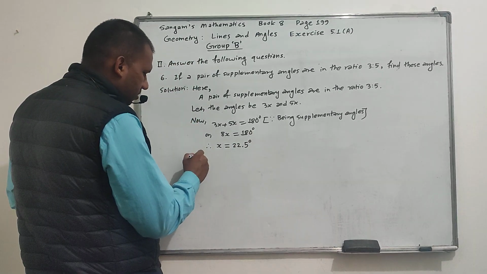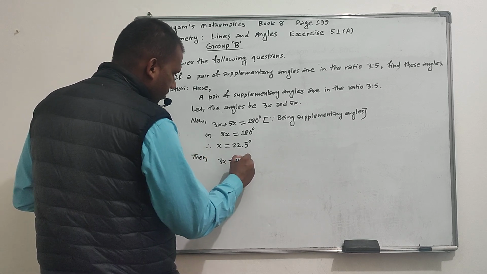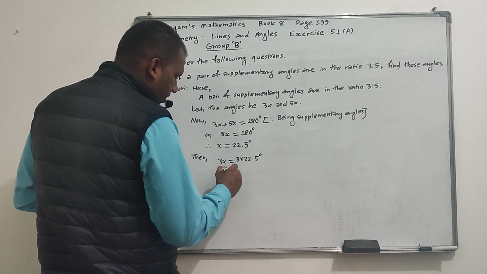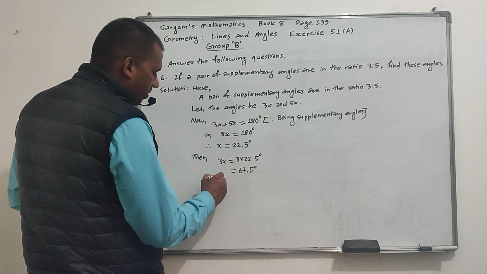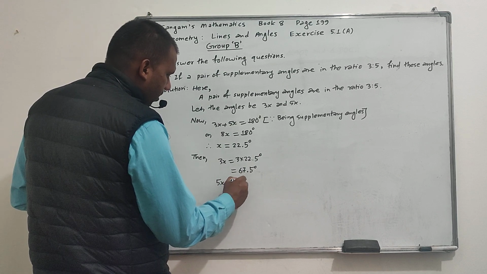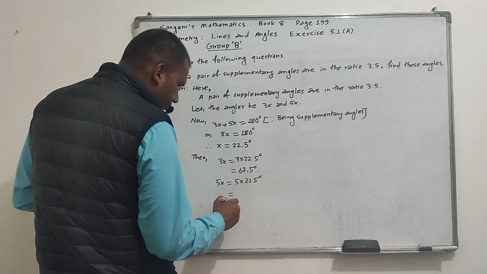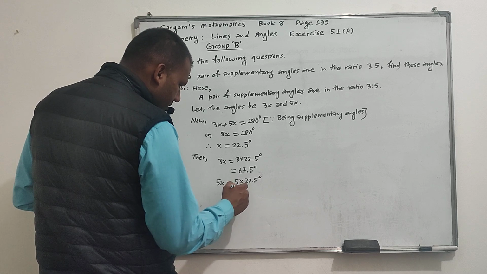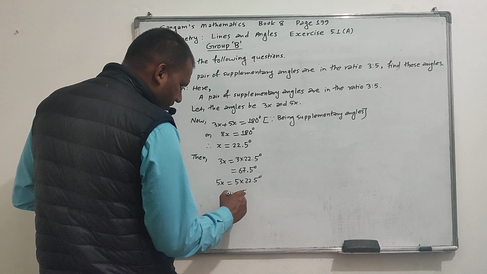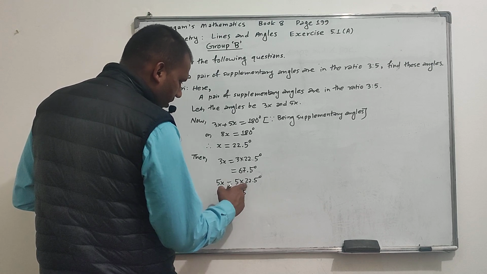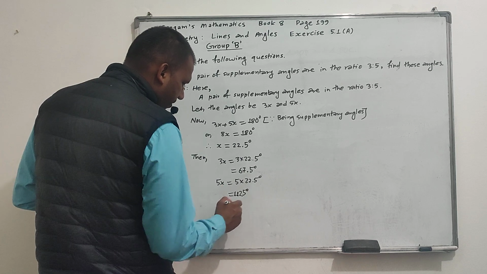Then first angle 3x equal to 3 times 22.5 degrees, that is 67.5 degrees, and 5x equal to 5 times 22.5 degrees, this equal to 112.5 degrees.